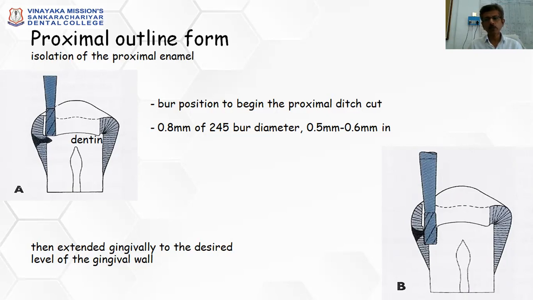Unless there is fracture or caries that goes below the gingival margin, you can make it more inclusive. But otherwise, in most cases, you make it supragingival. Why? The reason is that you want to keep it in a self-cleansable area.